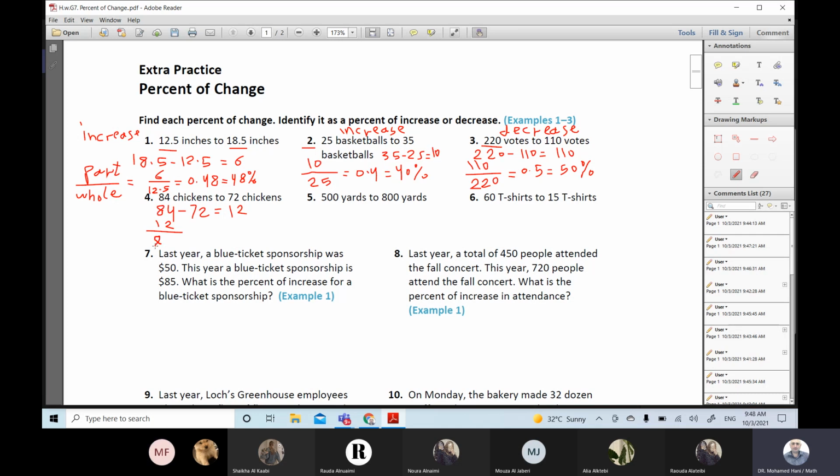The original number means the basic number. 12 divided by 84 will be about 0.14 as a decimal, and as a percent will be 14%.